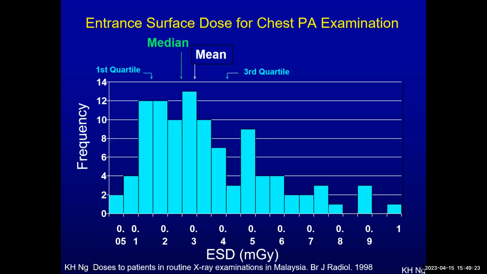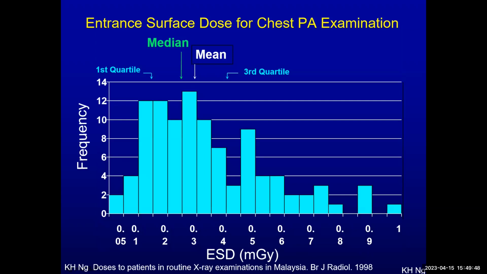We in Malaysia did this about 1995, almost 30 years ago, right? One of the very first national dose surveys. You published this in the British Journal of Radiology, you can refer to that. Similar trend. This is the entrance surface dose for a chest exam.